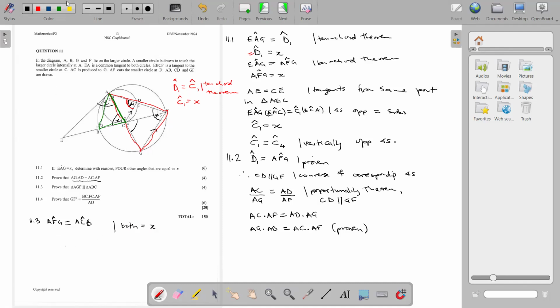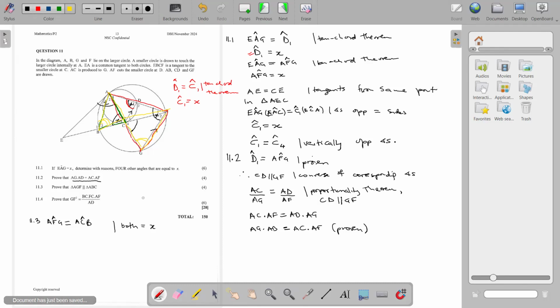Then, if we check this angle here, concentrating on the bigger circle, it is equal to this angle. They are angles in the same segment, this one and this one.